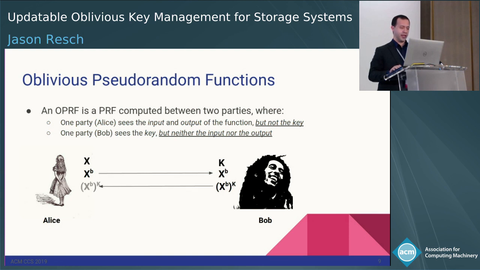Bob returns the result to Alice, and Alice can then raise this result to the reciprocal of B to remove the blinding entirely, leaving Alice with simply X to the K. So the output of the OPRF might be defined, for example, as the hash of X to the K concatenated with X. So let's see how we might use this to build a better key management system.